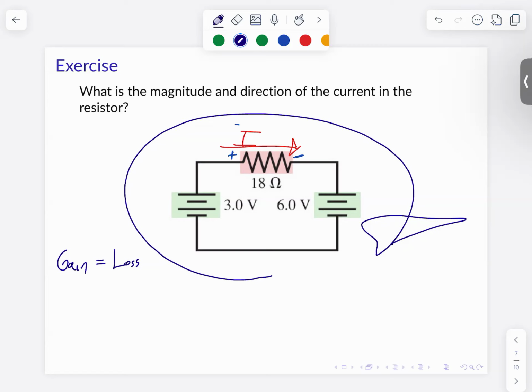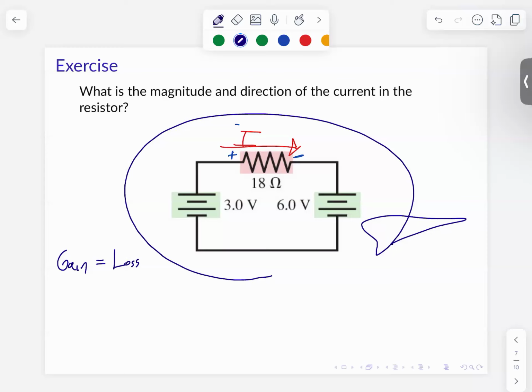Forget about energy, forget about anything. Which side of the battery is the positive side of the battery? Top or bottom? So have I gone up voltage or down voltage when I go from here to here? Up. From the negative side of the battery to the positive side of the battery. If I go from a negative floor to a positive floor, I've gone uphill.